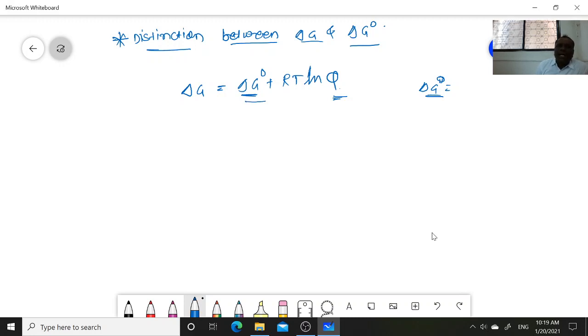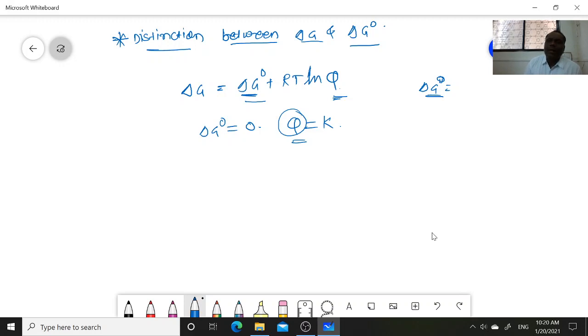When equilibrium is attained, delta G0 is equal to 0. We have seen that some time before. Whenever there is equilibrium, delta G0 is equal to 0 and Q is equal to K. Q is what? Right now I have told you.